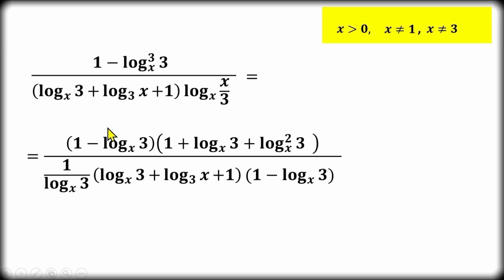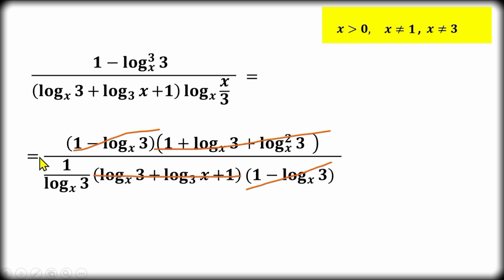If we look carefully here, we see that this part is equal to this. We can cancel them because it is not equal to 0, because x is not equal to 3. And then we can cancel this expression and this one, because they can never be equal to 0.